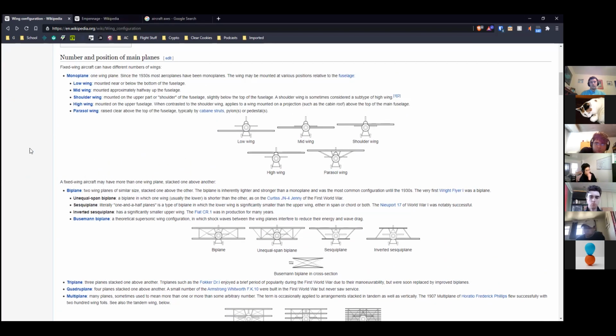So balancing the wing and the tail becomes its own whole thing.